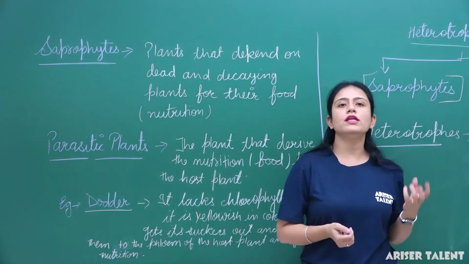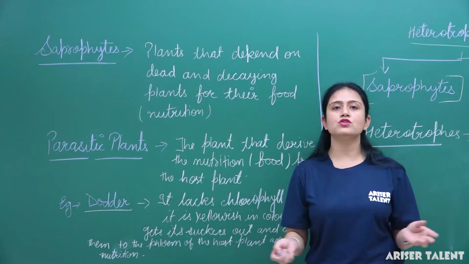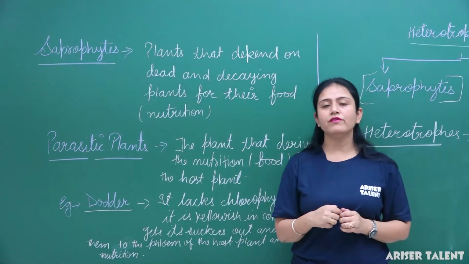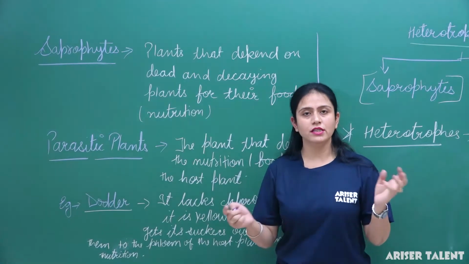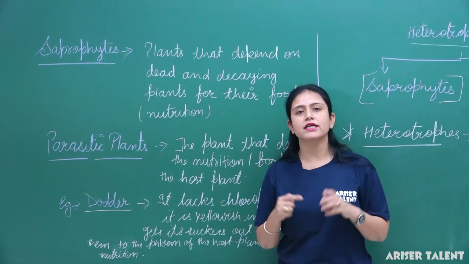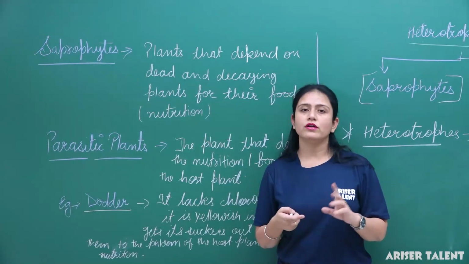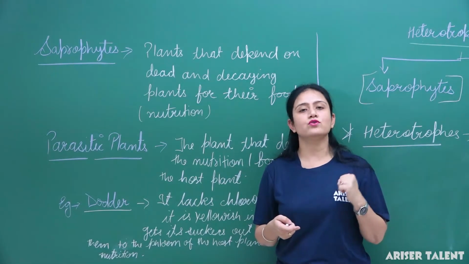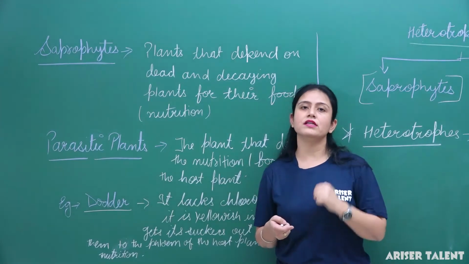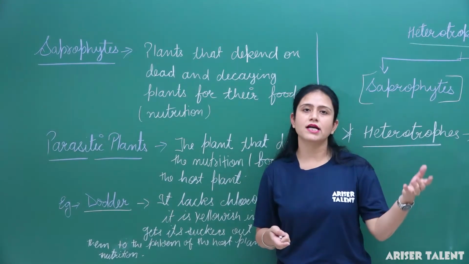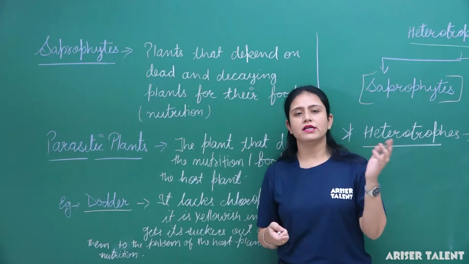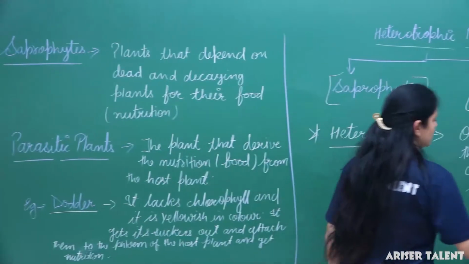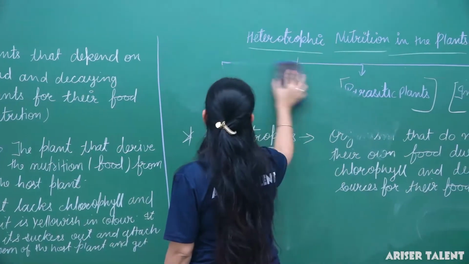Due to the lack of minerals, they want to get a supplement of that mineral. In that condition, they feed on insects and get the mineral. Generally, they lack nitrogen in the soil. This is the reason they feed on insects and get the nitrogen from them. Clear?